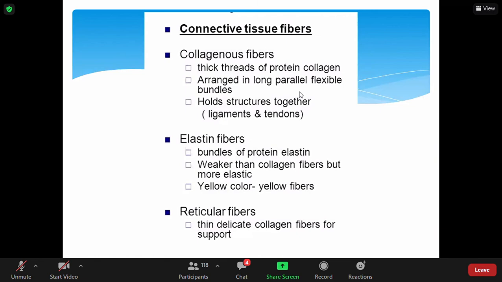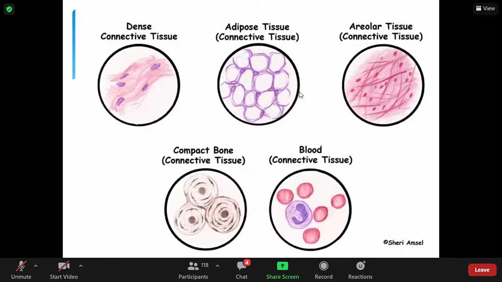Okay, so you see here, the first one, this is a dense connective tissue. Okay, you have here lots of fibers and the cells. Adipose, so you have these spaces here. This is occupied by fat droplets, but when they are stained, they are removed. Okay, so they have here the nucleus at the edge.